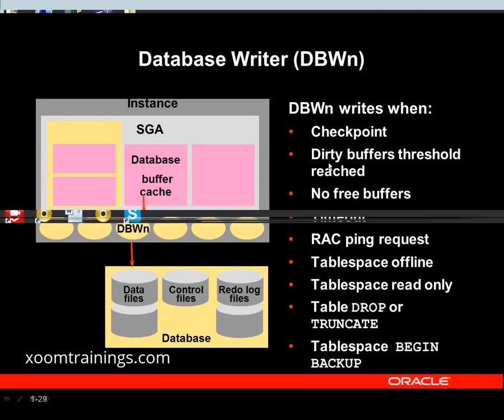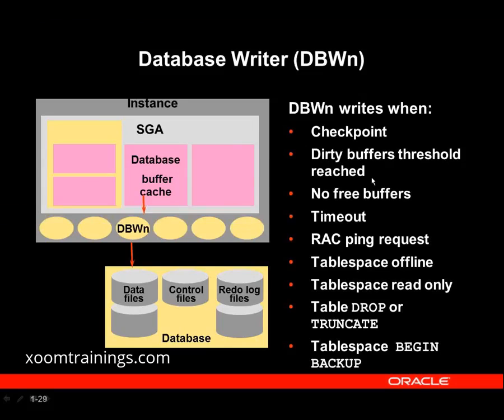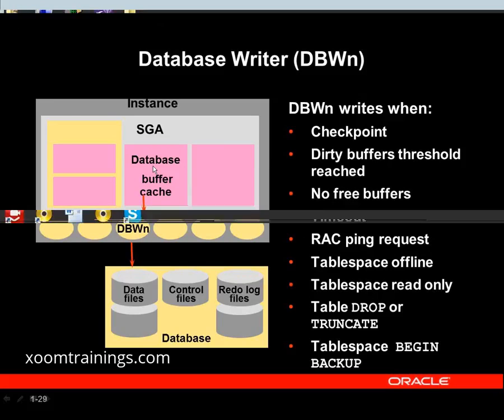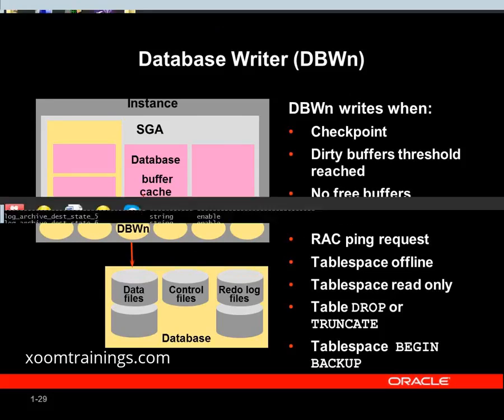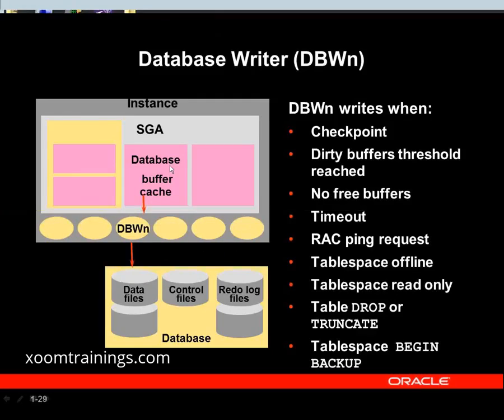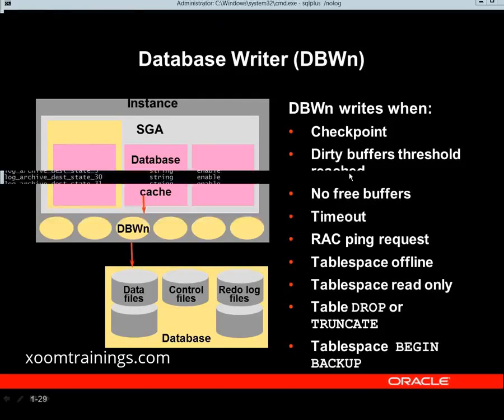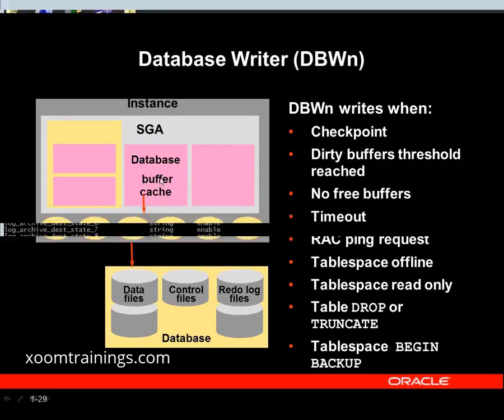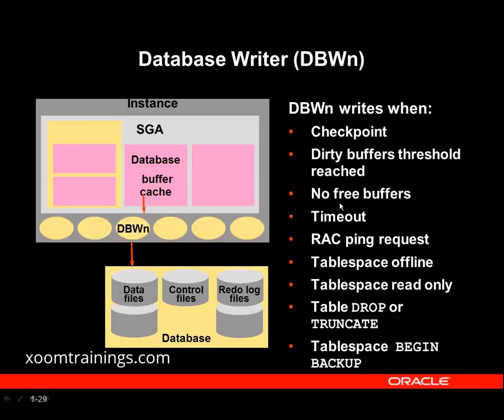Second point, dirty buffer threshold reached. What does that mean? There are limits specified for modified blocks in the database buffer cache. If that threshold value is reached, the database writer automatically writes to the data file.